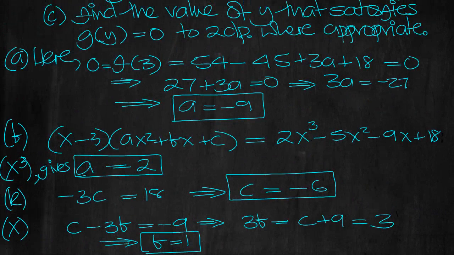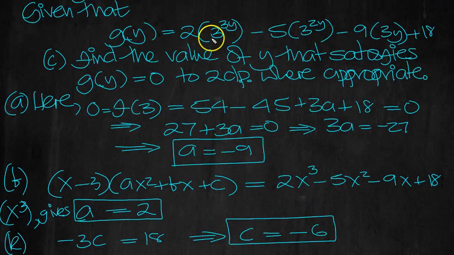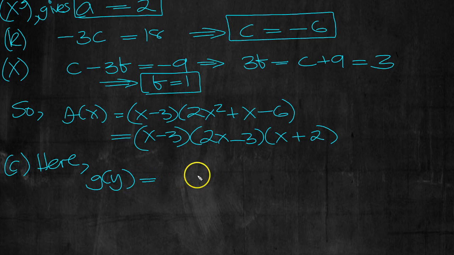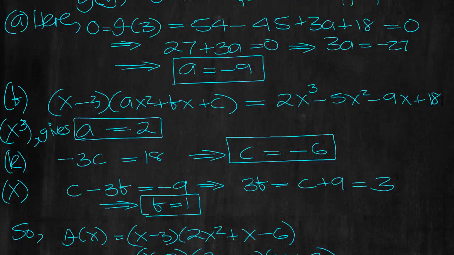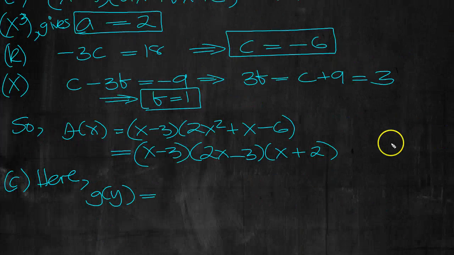Now part C. Find the value of y that satisfies g of y equals 0 to 2 dp. g of y is equal to this, which is the same as what we've got before. This is 3 to the y, if we do power rule, we'll see that. So here for part C, using properties of indices, g of y is equal to, it was 2 times this, 3 to the 3y.